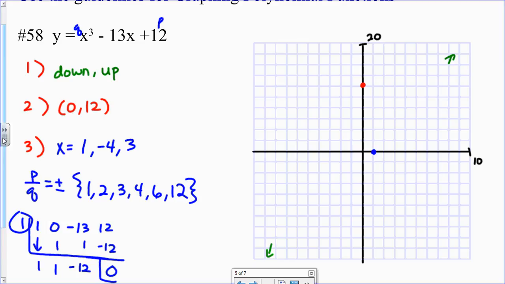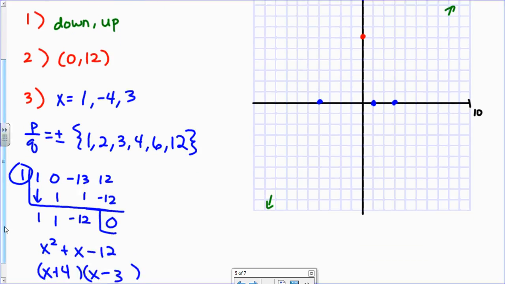Negative 4, and 3. Okay, so just to help us with our accurate graph, my turning point, this is 1, 2, 3, 4, 5. So I got to go over 2.5. That's negative 1.5.